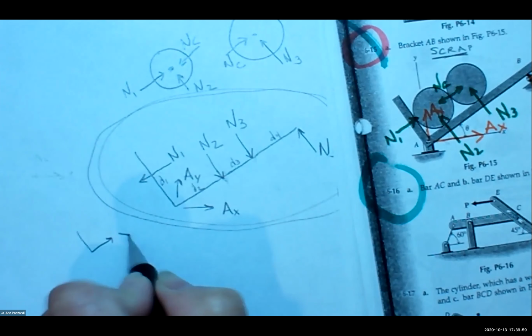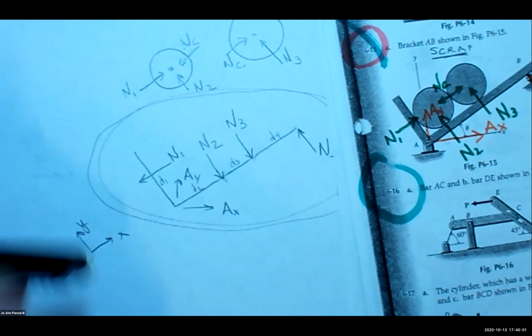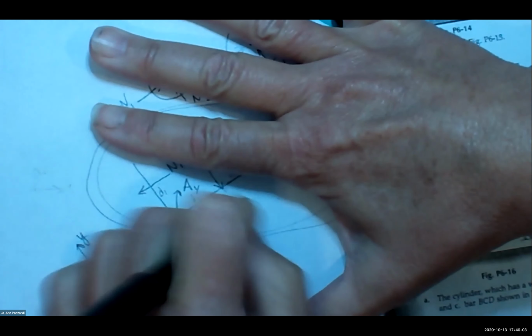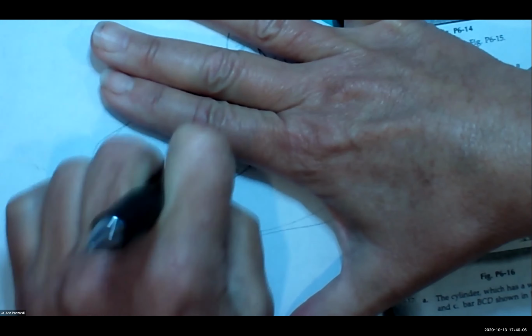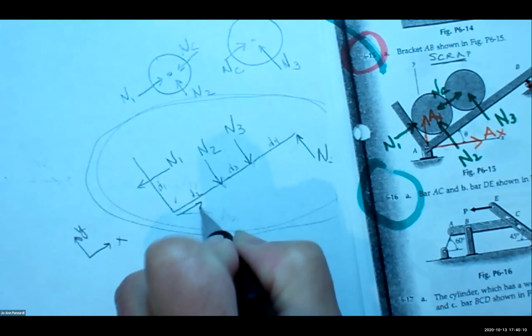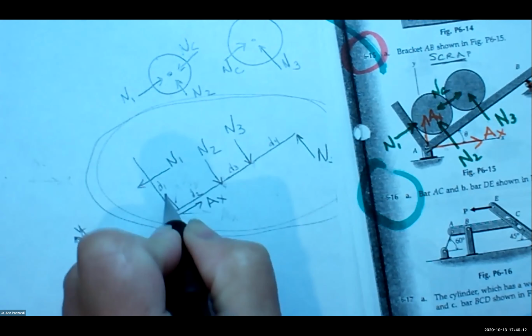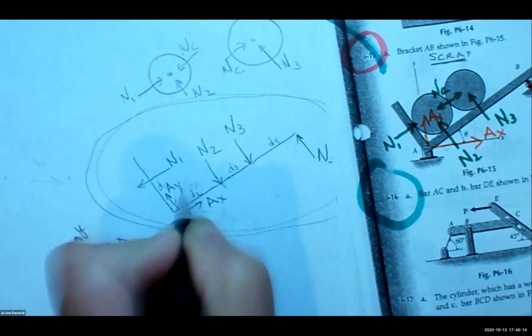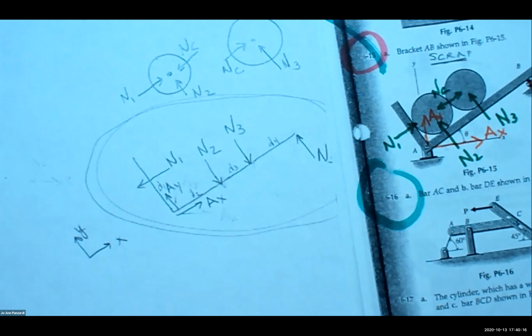I'm rotating my axis, and now I'm deciding that I don't want my AX and AY to be that way. I want to put my AY and my AX along the axes, because I want to simplify the math.